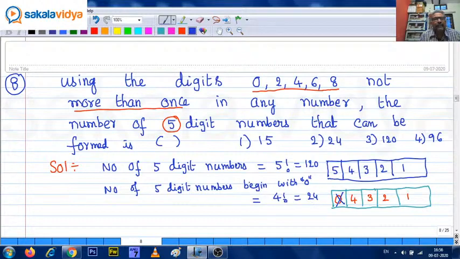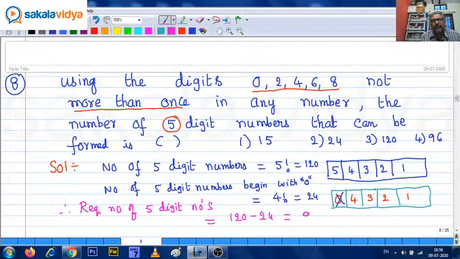We need to subtract. Therefore, the required number of 5-digit numbers is 120 minus 24. So the answer is 96. That's why the fourth option is the right option.